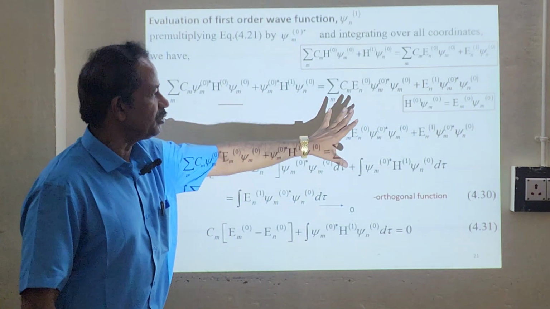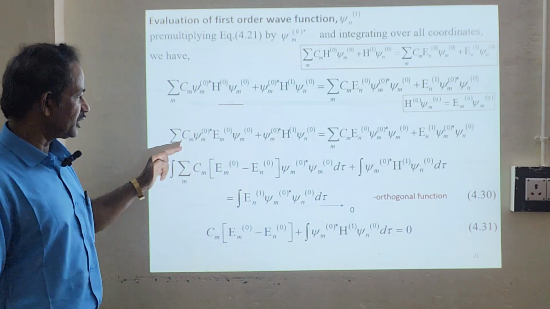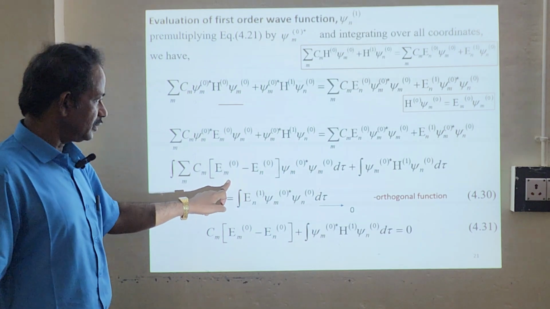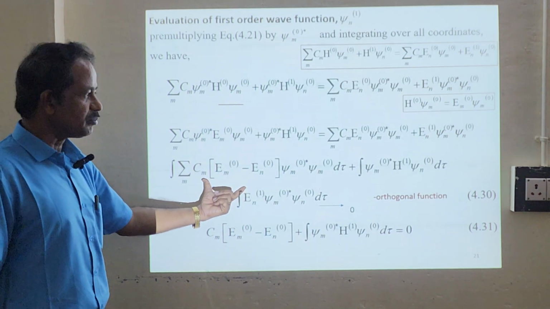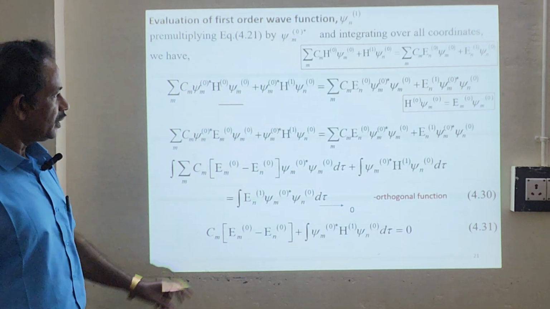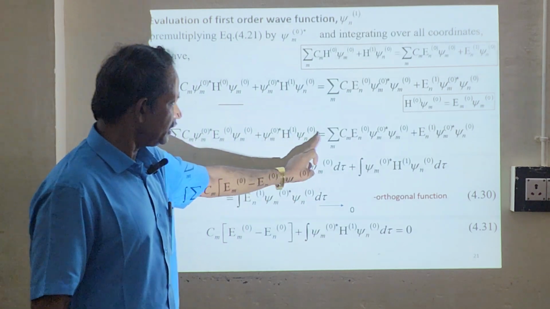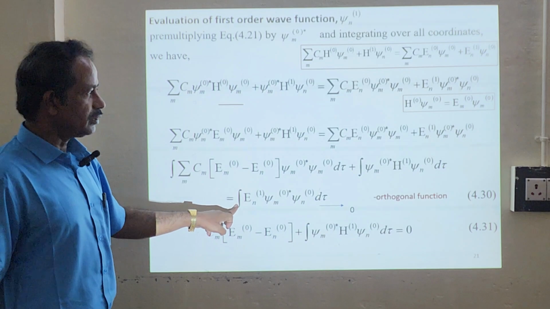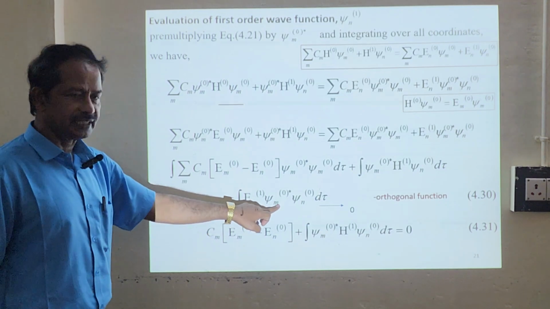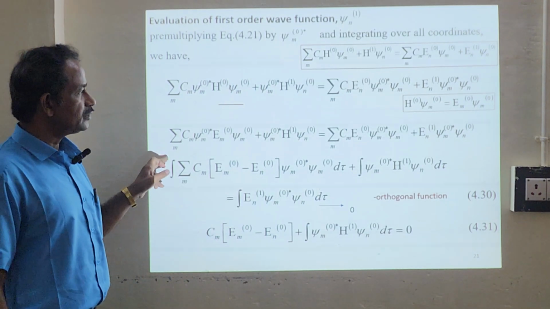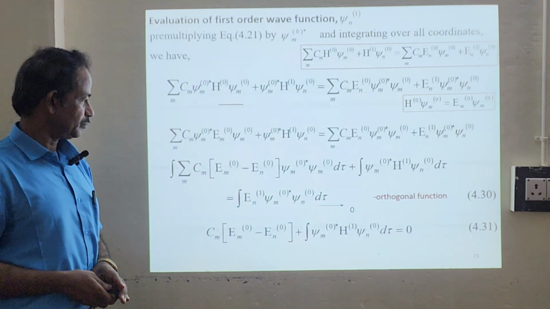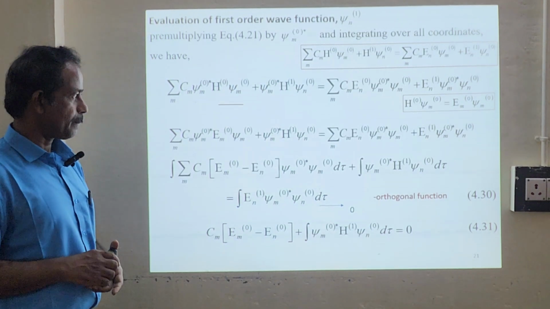Right, other terms and all, let it be like this. Just take the common terms out. You pull this one, bring this term here, and just take the common terms out. Correct? And this term let it be like this. And this term will be the last term on the right hand side, exactly like this. Is it okay? Now we are going to integrate over the space on either side.